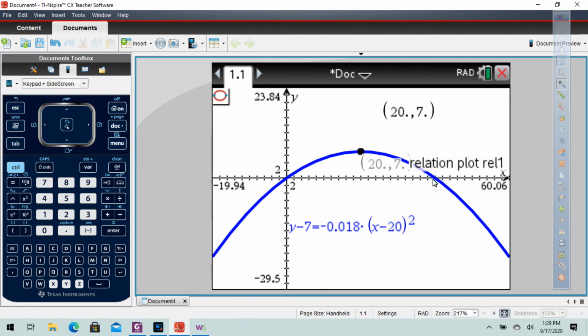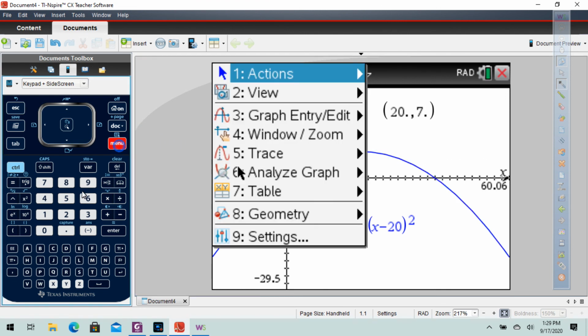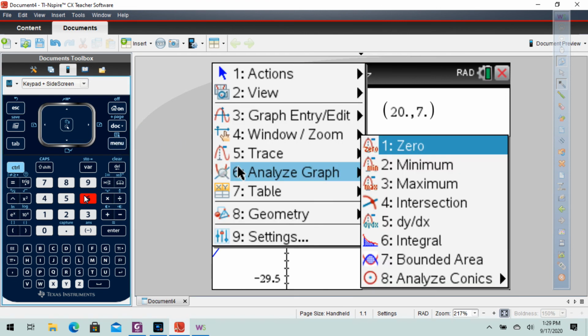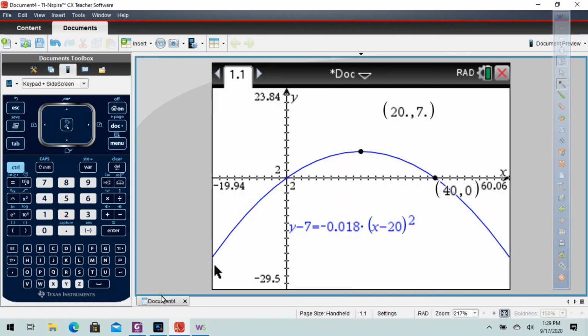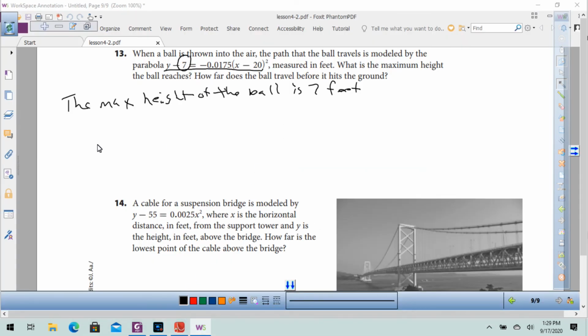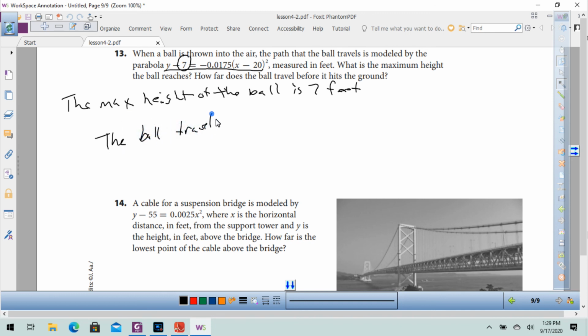That's going to be this spot right here. Menu, 6, 1, and that's 40 feet. The ball travels 40 feet before hitting the ground.